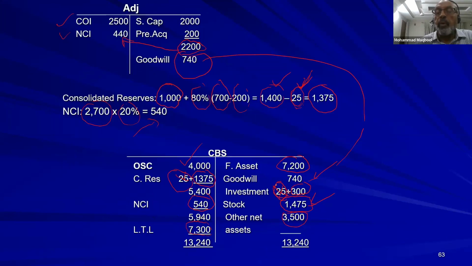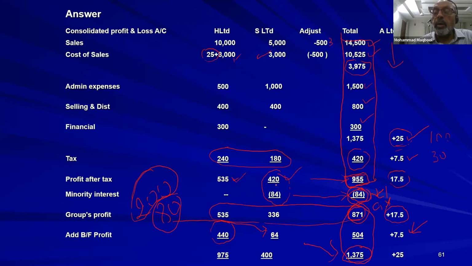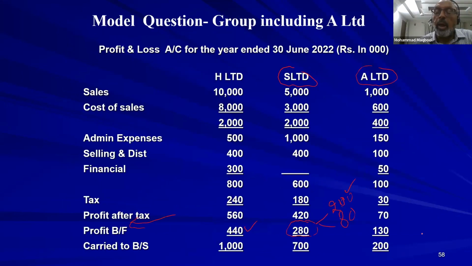If I bring here the brought forward, what is the brought forward? If you look at the question, the brought forward would be 130. Here, 130: 100 at the date of acquisition, 30 is the post acquisition. As I bifurcated the 200 and the 80, the same way this is that. We're talking about the profit and loss account brought forward.